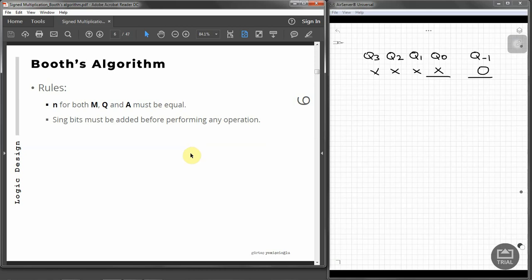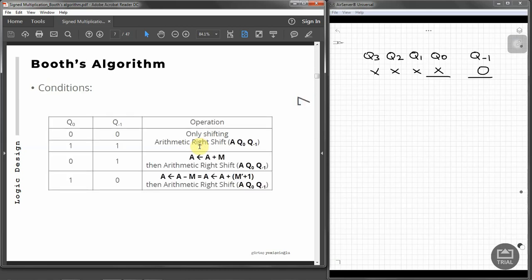Now, Booth's algorithm has its own conditions to perform this algorithm, and these are given in this table. If Q0 is 0 and Q minus 1 is 0, or Q0 is 1 and Q minus 1 is 1, we are comparing these last 2 bits. If it is 0, 0, or if it is 1, 1, we just need to perform an arithmetic right shift.